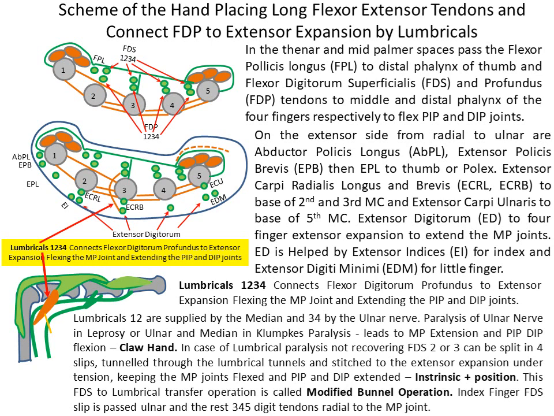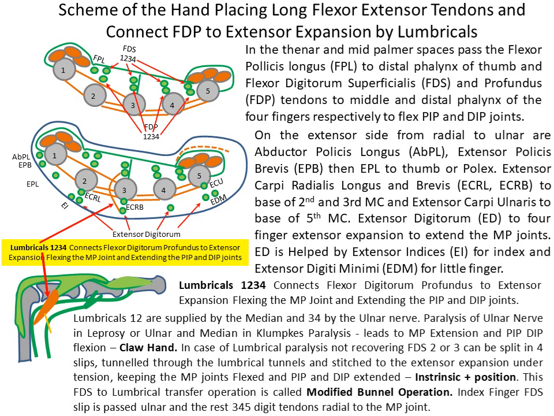In case of lumbrical paralysis not recovering, the second flexor digitorum superficialis or third flexor digitorum superficialis can be split into 4 slips. The slips are tunneled through the lumbrical tunnels and stitched to the extensor expansion under differential tension, keeping the MP joint flexed and the PIP and DIP extended, which is called as the intrinsic plus position.